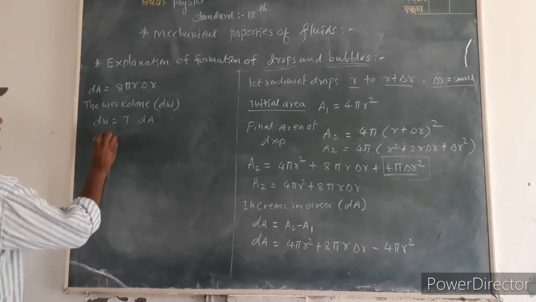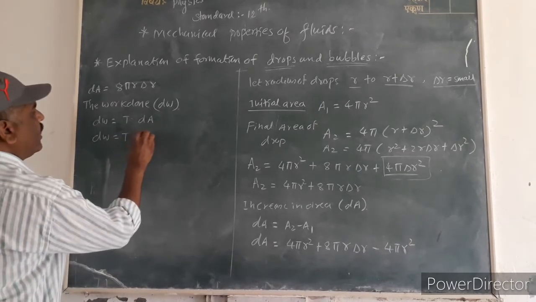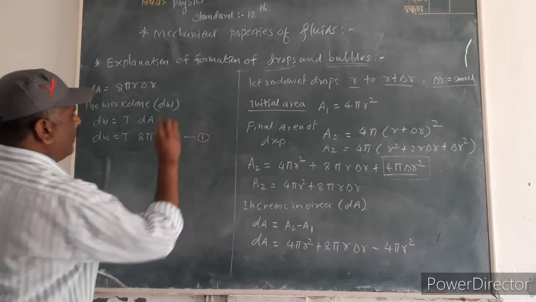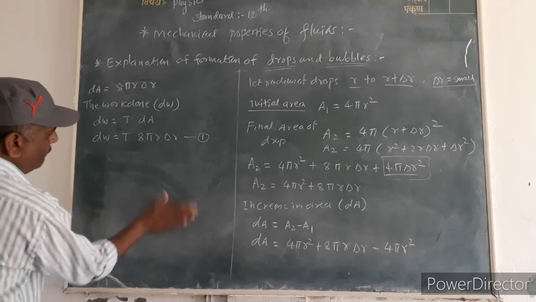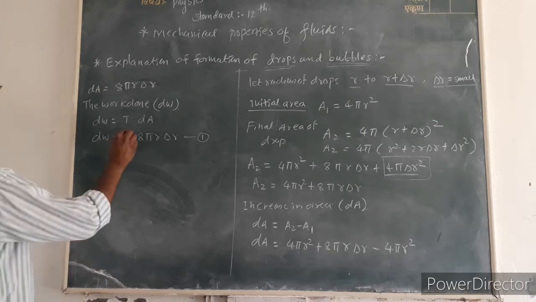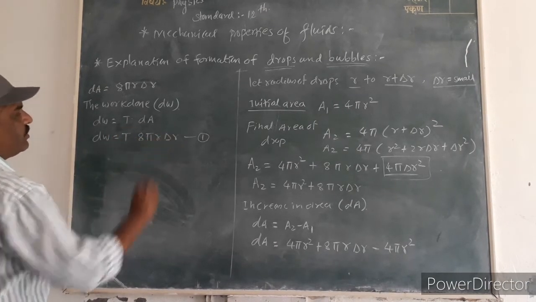Therefore, dW is equal to T into the value of dA, 8 pi R into delta R. Say equation number 1. Work done, where T is the surface tension of the given drop or liquid, is T into 8 pi R into delta R.